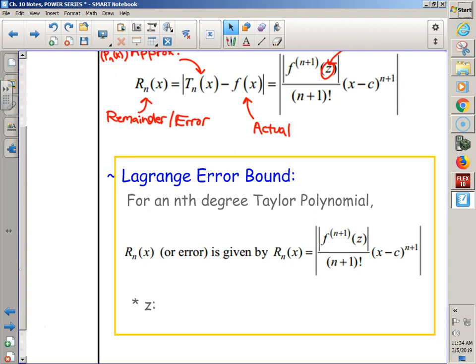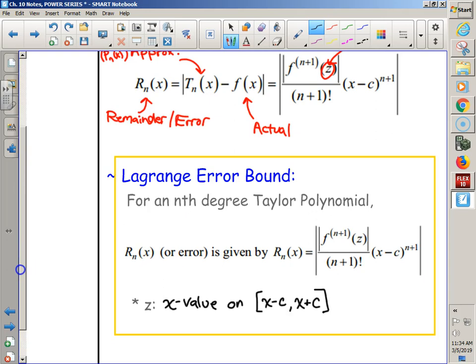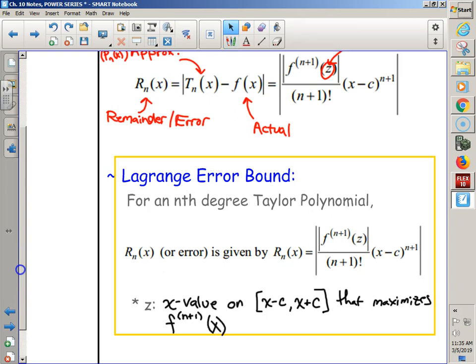And Z is the x value on the interval x minus c to x plus c that maximizes f to the n plus 1 of x.